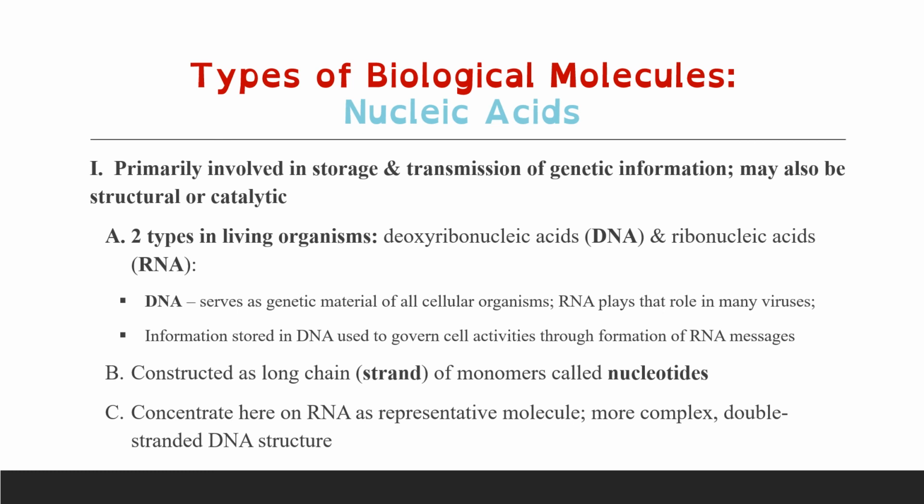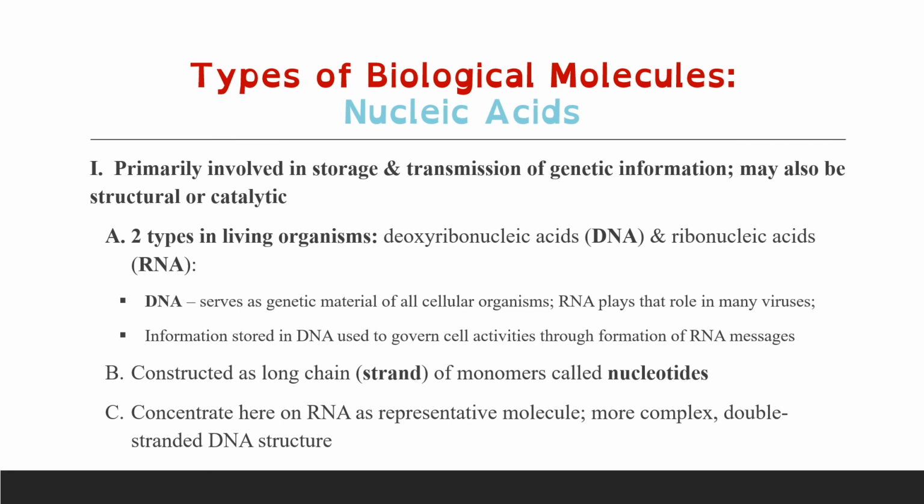Basically, DNA serves as genetic material of all cellular organisms, and RNA plays that role in many viruses. And information stored in DNA is used to govern cell activities through the formation of RNA messages. So nucleic acids are constructed as long-chain strands of monomers called nucleotides.